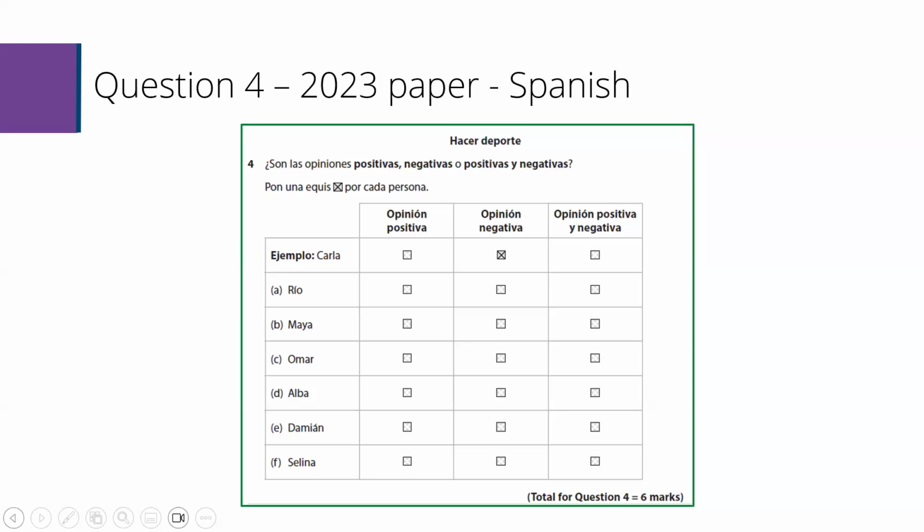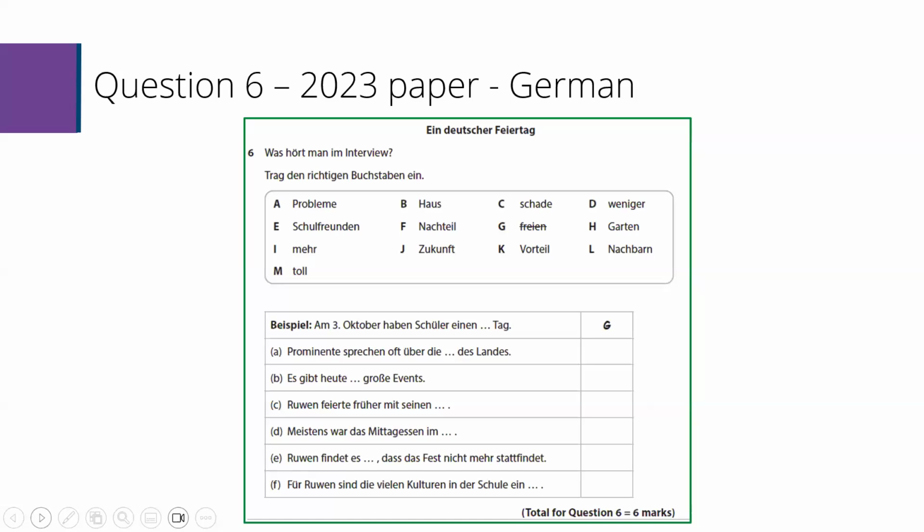Sometimes we may need to do those things, but you would prepare your students with those strategies for that particular question.